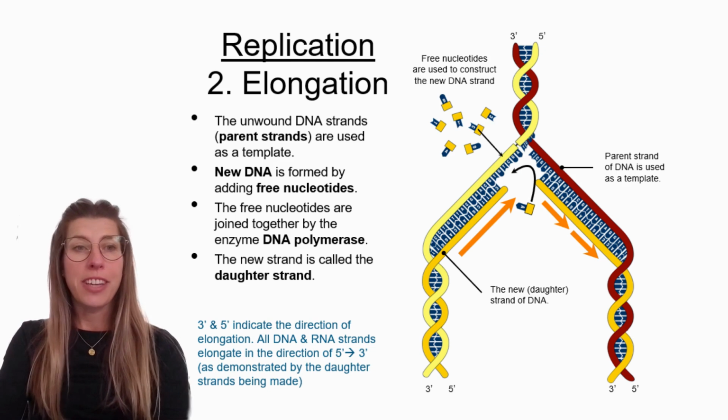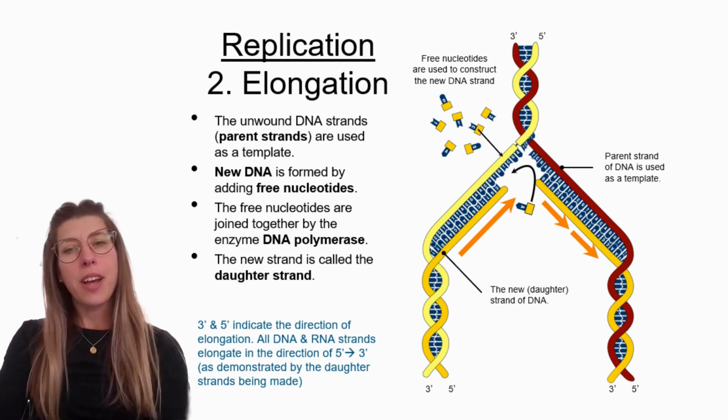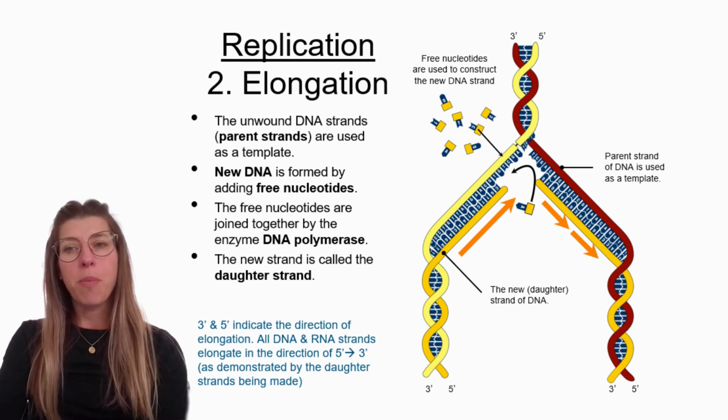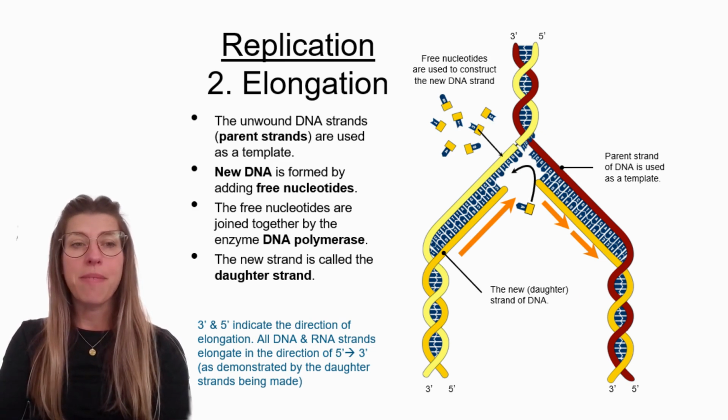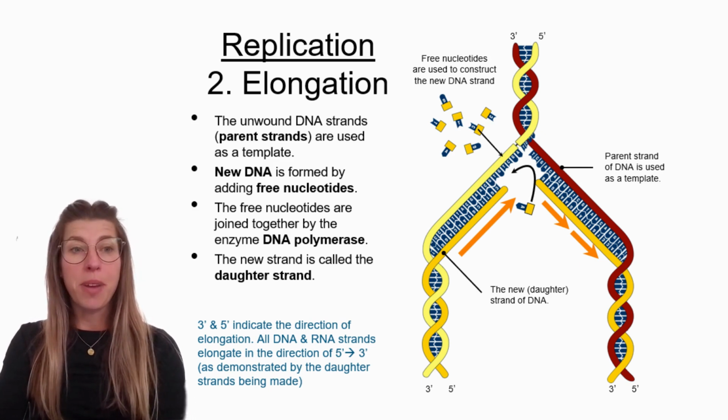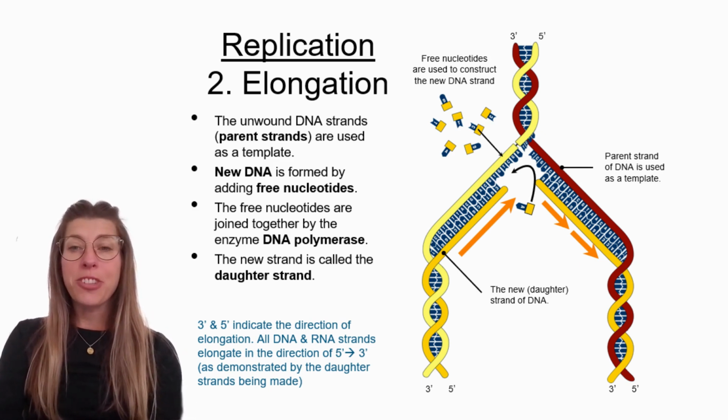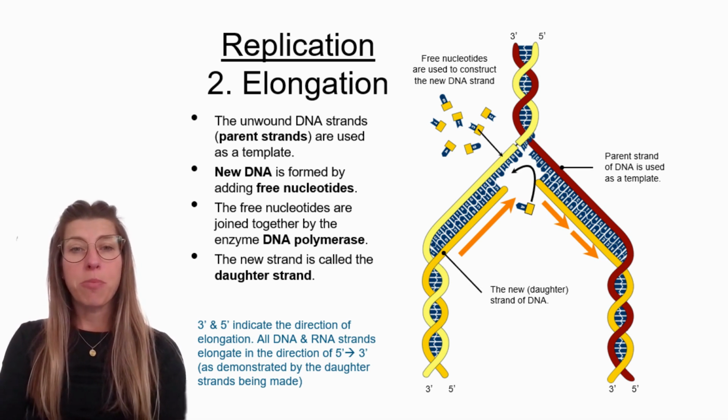In contrast, you could see the other daughter strand, right? It's forming complementary base pairs with the parent strand of the other side, the anti-parallel side. So it's going to be replicating still in the same direction of 5' to 3'. However, you can see it starts at the replication fork. It's not moving towards it and adding free nucleotides.